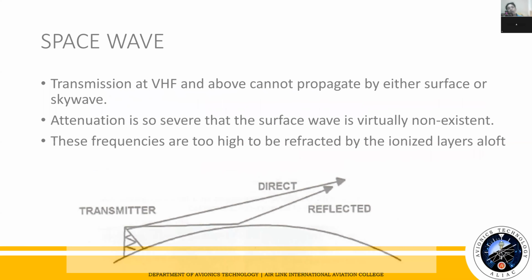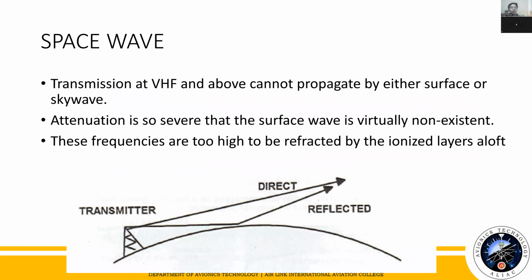And then when we talk about the space wave, the transmission at VHF and above cannot propagate by either surface or sky wave. Attenuation is so severe that surface wave is virtually non-existent. These frequencies are too high to be refracted by the ionized layer aloft.